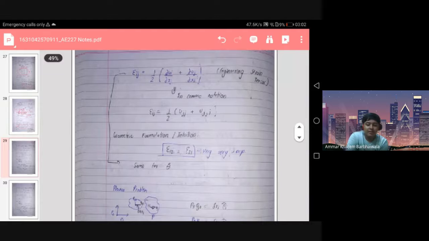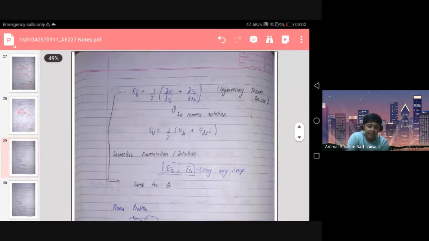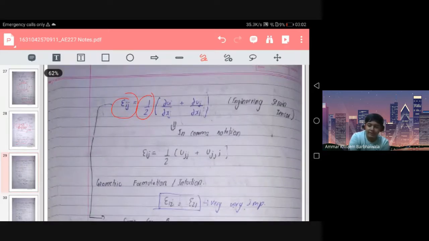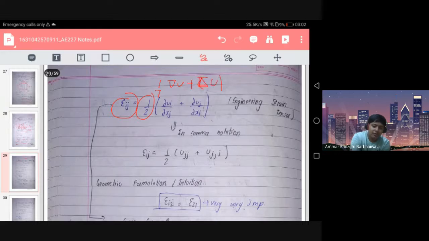I can just tell you that epsilon ij, the ij component of the strain, is equal to half of grad u plus grad u transpose. So you can say that del ui upon del xj plus del uj upon del xi. In comma notation, I can write it as u i comma j plus u j comma i. So basically this is the engineering strain tensor.